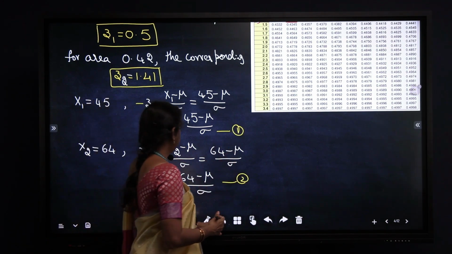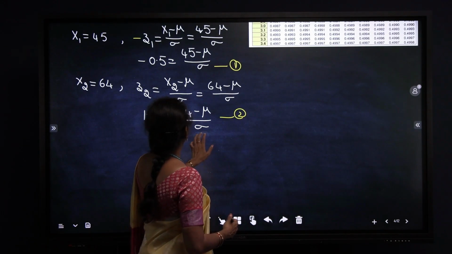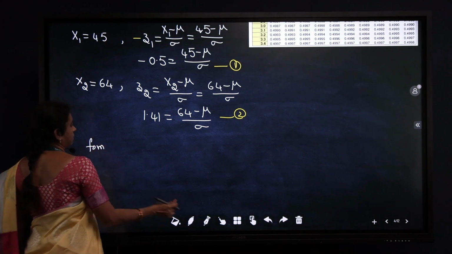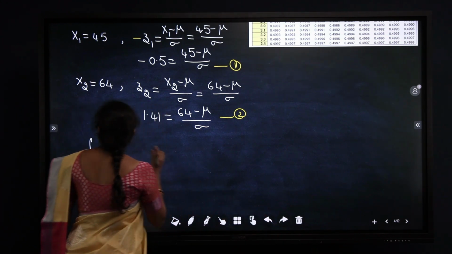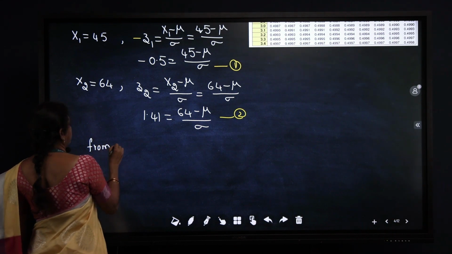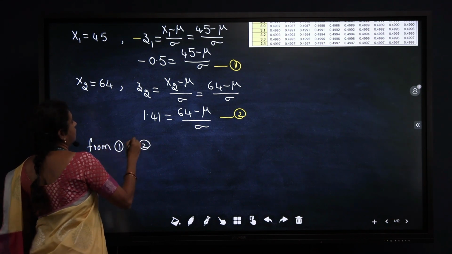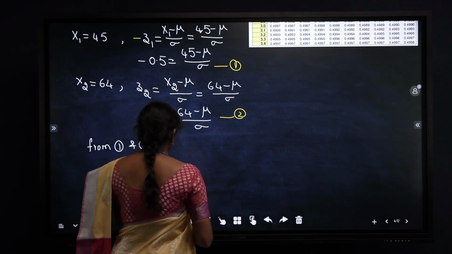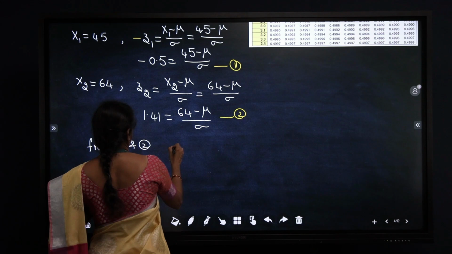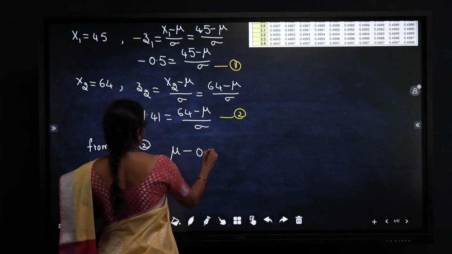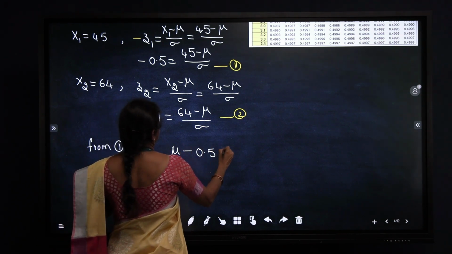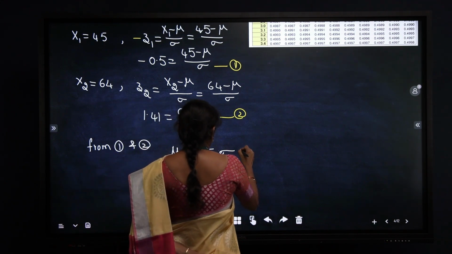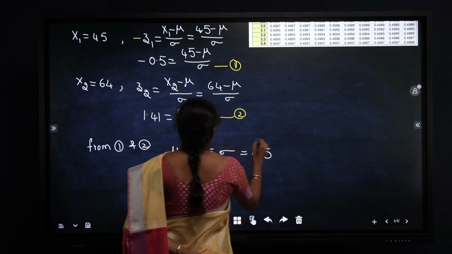So using 1 and 2, what can we write? From 1 and 2, we can simplify the first equation and write it as mu minus 0.5 sigma is equal to 45, right?